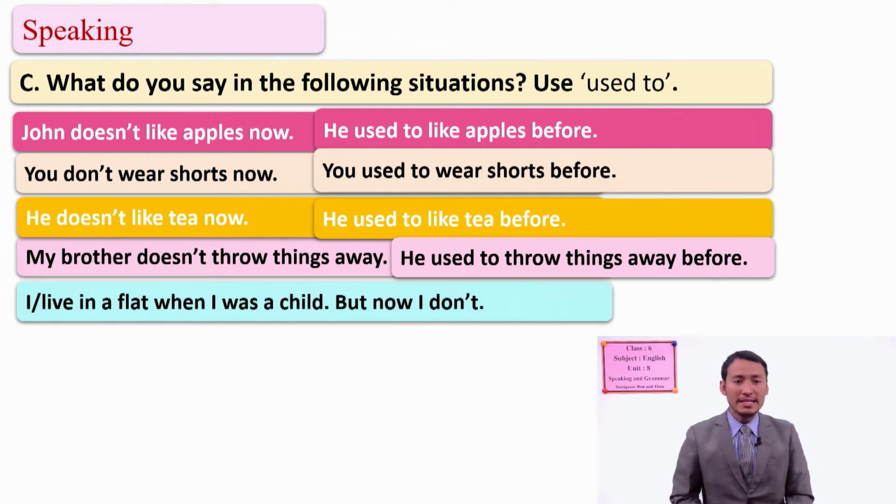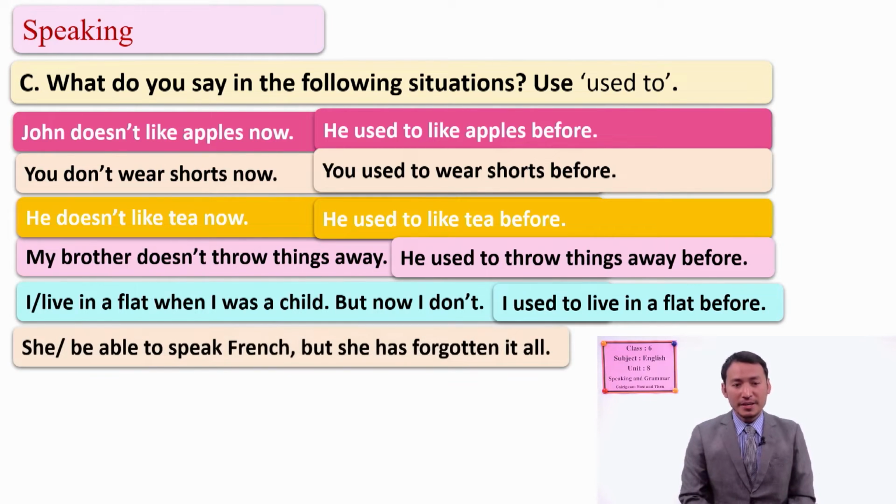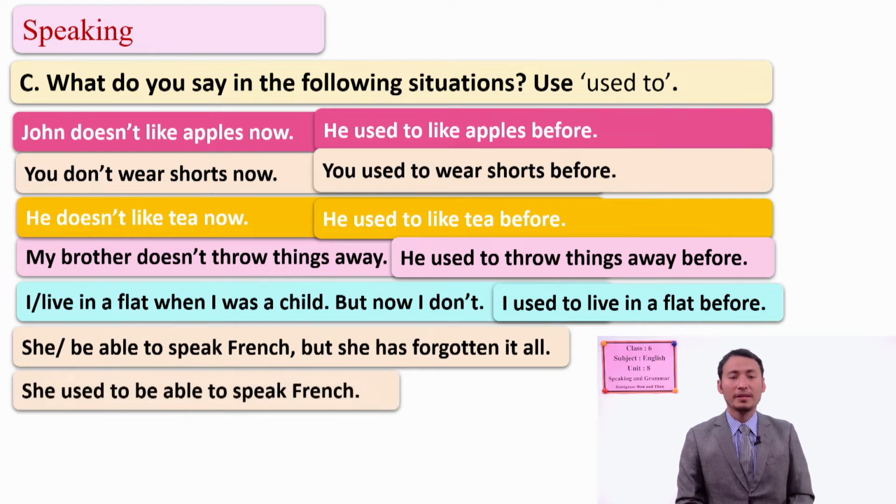Another one is, I lived in a flat when I was a child, but now I don't. It means I don't live in a flat now, so I used to live in a flat before, but now I live in a house maybe. Another one is, she was able to speak French, but she has forgotten it, which means she used to be able to speak French.